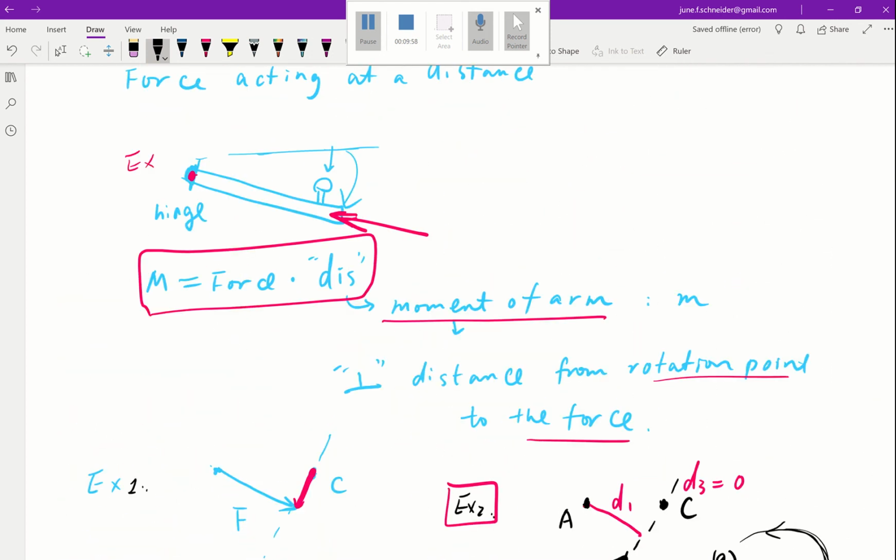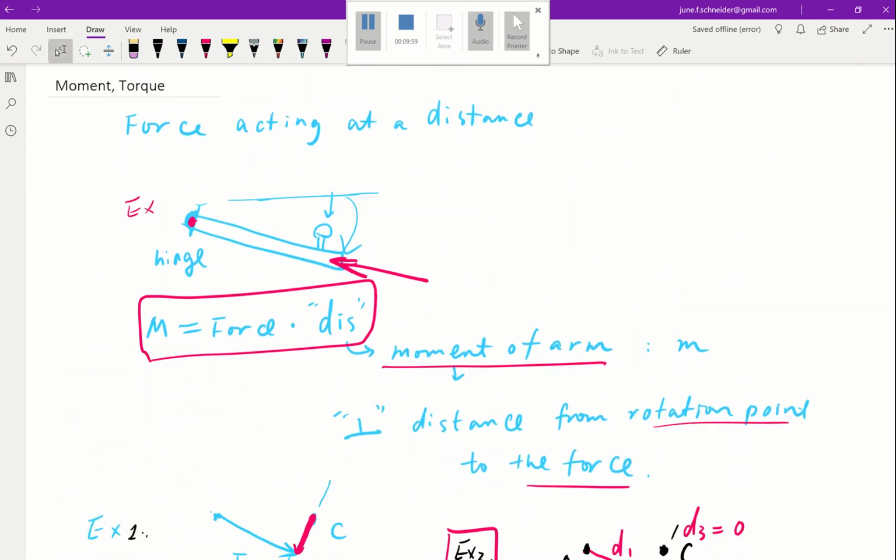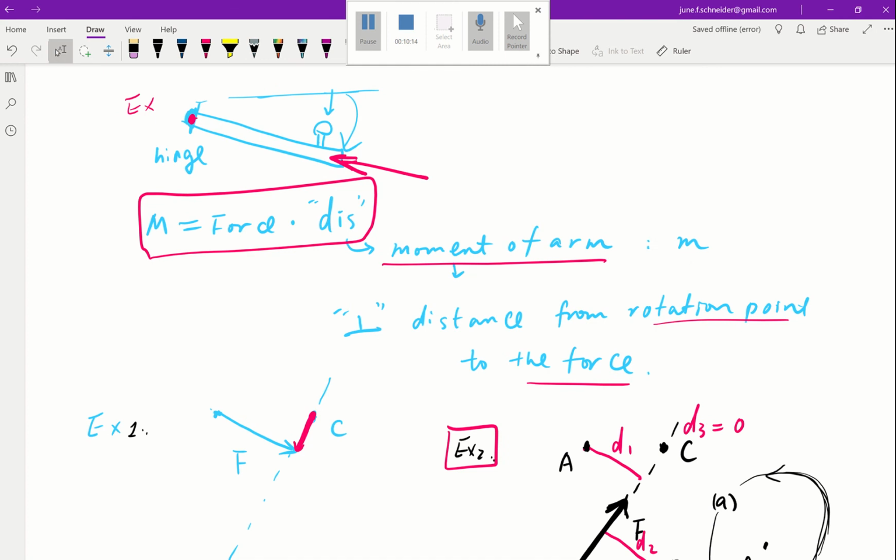So, a quick recap. We introduced the formula. We know the moment, also called torque, defines the rotation, and it's force acting at a distance. So it's force times a distance, which is force times the moment of arm. This moment of arm is very particular. It has to be the perpendicular distance from the rotational point to the force.